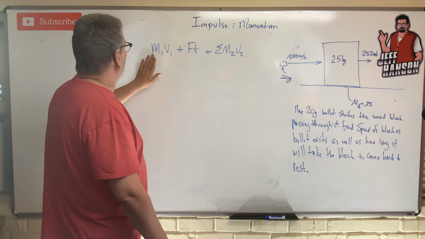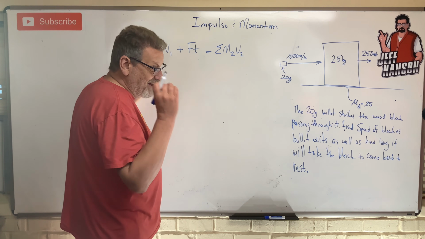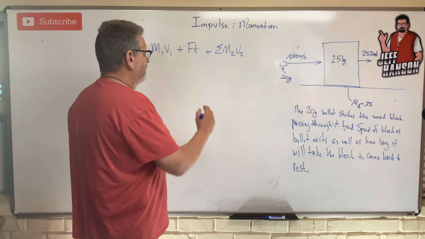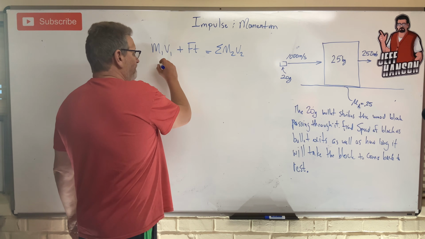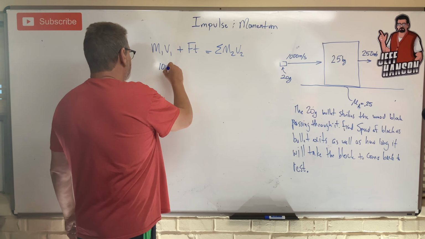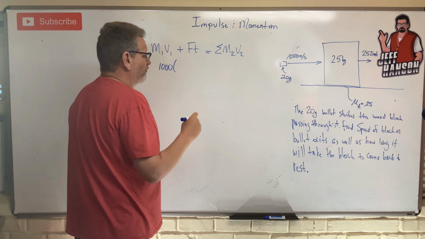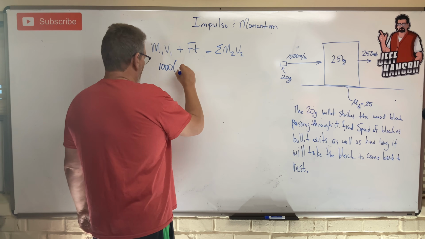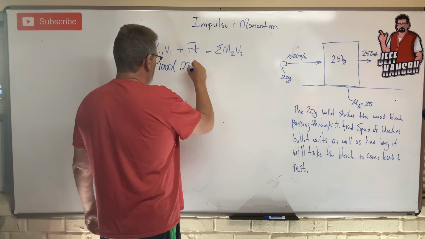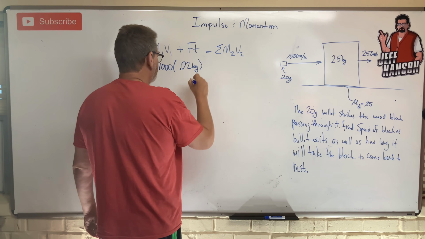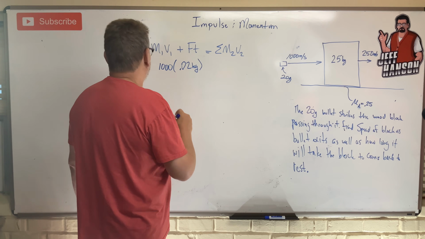So what you have is, number one, m1v1. Momentum is conserved. So you have 1,000 times 20 grams. Now, what is 20 grams? That's 0.02 kilograms, isn't it? I want to get everything into the same units.